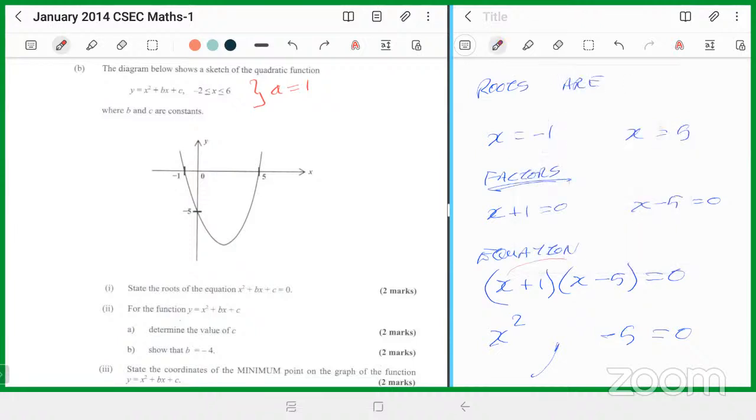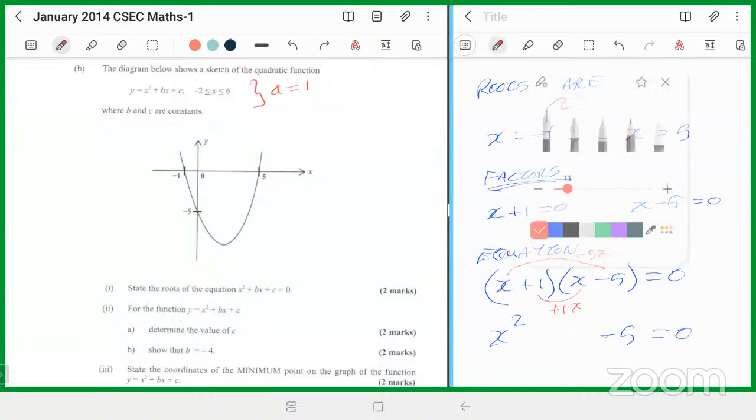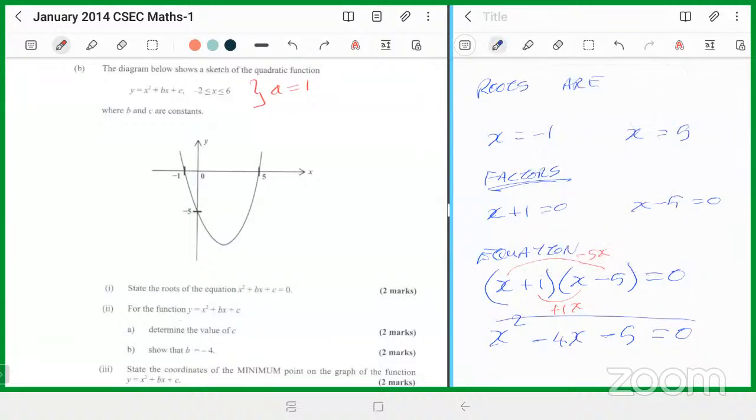The far product is x times -5, which is -5x. The near product is 1 times x, which is plus 1x. If you add these two, you get the middle term, which is -4x. So we have x squared minus 4x minus 5 equals 0.